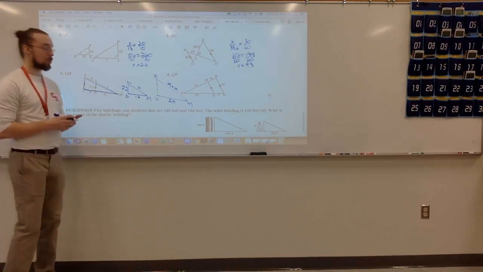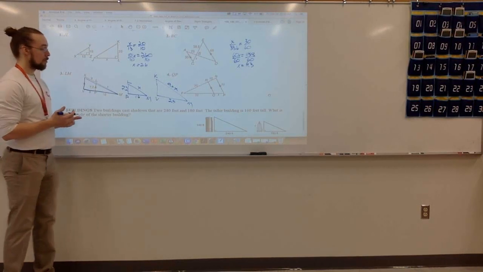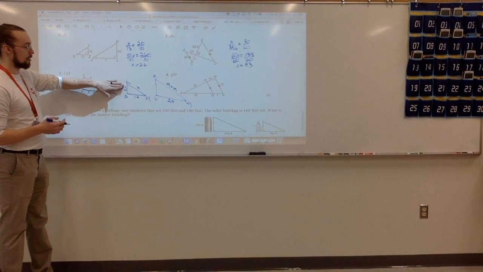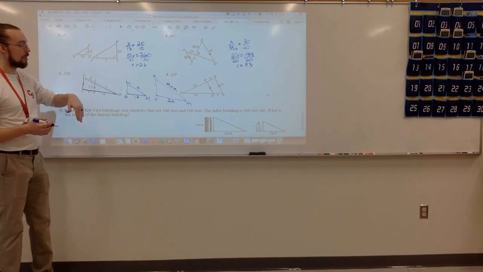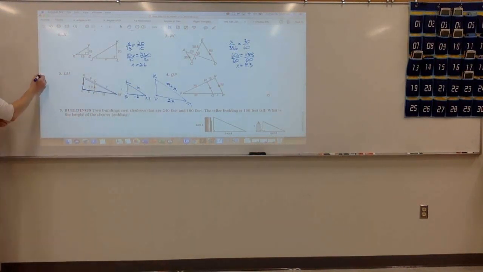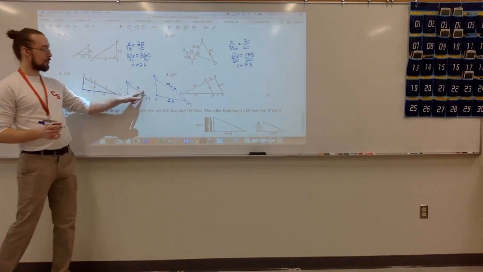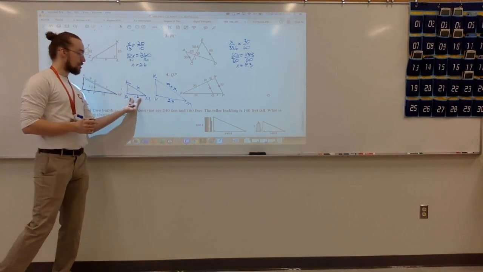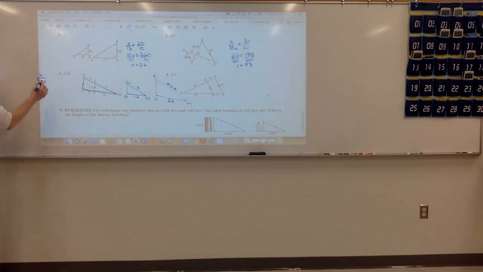Now we can match up corresponding sides. This 7.2, I don't know anything about KB, so I'm just going to ignore that one. If I match up corresponding sides now, I would have x over 9 plus x. These two sides would match up, and that would be equal to 16 over 24. So cross multiply from here.